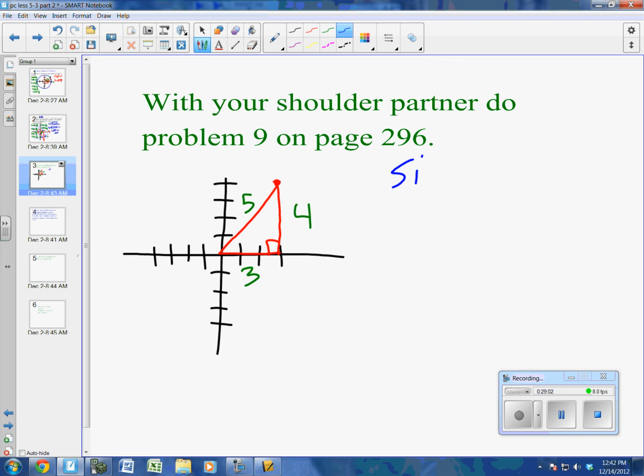Okay, sine. What's the sine of theta? Here's theta. That's a good question. How did we get to this point right here? That's the point 3 comma 4, right? Did we go there by going x is 3, y is 4?